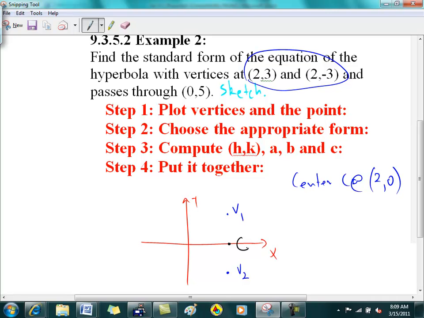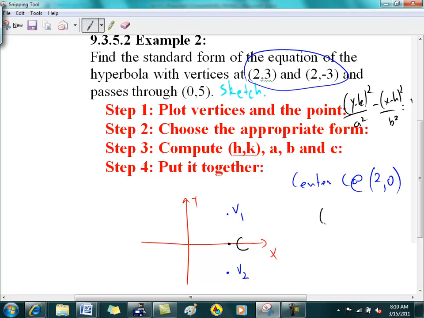What form is it going to be? Well, give me the equation: y minus k quantity squared over a squared, always a, the first letter is always a for a hyperbola, minus x minus h quantity squared over b squared equals 1.